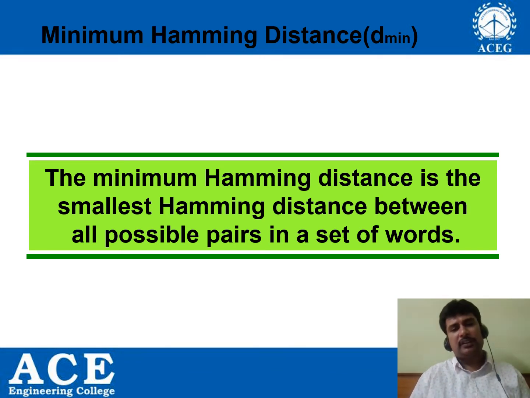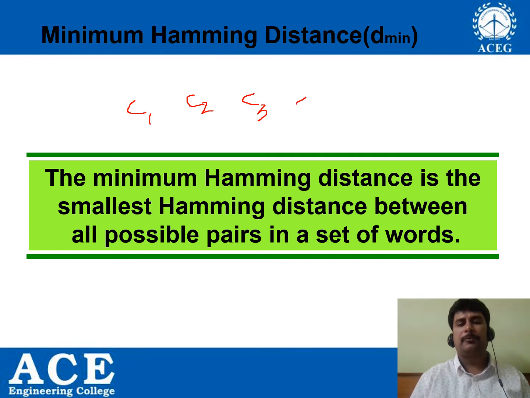Just now we said we can have combinations like this: we have divided the total data into 4 code words: C1, C2, C3, and C4.